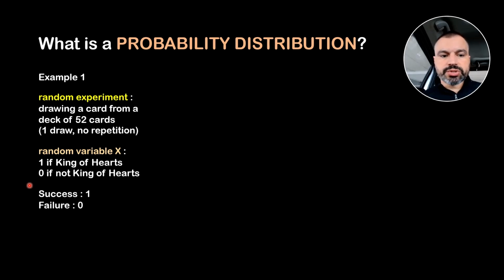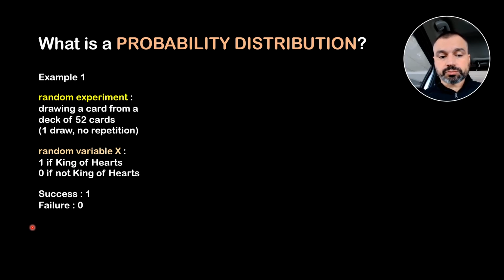In other words, success is encoded as 1, and failure is encoded as 0. If the random experiment results in either success or failure, if we know the probability of success, we can also calculate the probability of failure. In this situation, success and failure are two mutually exclusive outcomes that cannot happen at the same time.